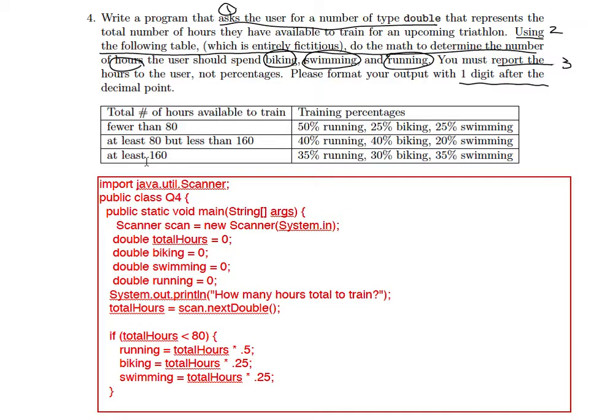Now if it's not less than 80, then I'm going to keep going here and say else if it is at least 80 but less than 160. If I arrived at this statement, I already know that total hours is greater than or equal to 80 because it flunked the first test. So all I have to test is the next threshold. So I have to say if total hours is less than 160. Now something different happens here.